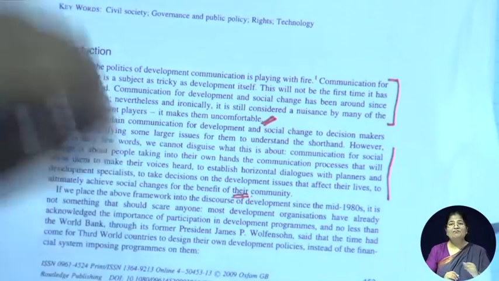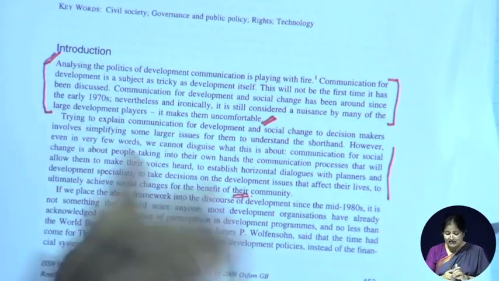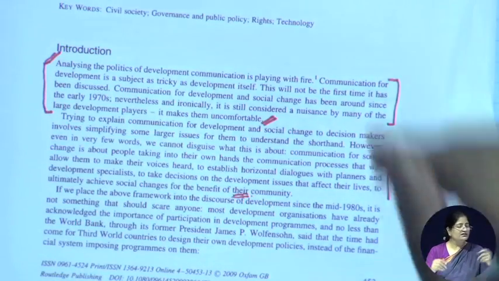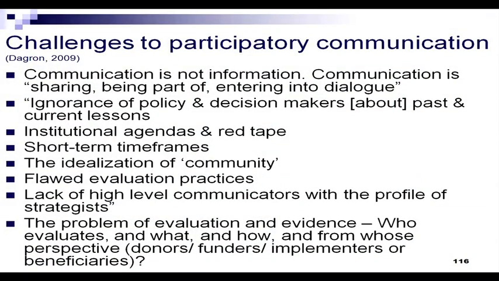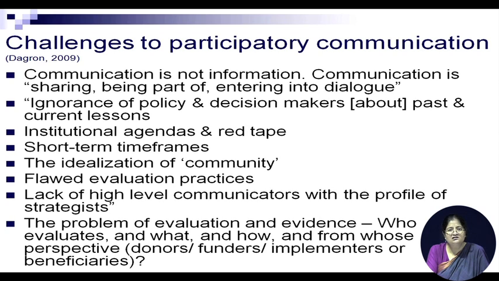So this is what participatory communication is all about. Participatory communication is not about experts going and telling the community what to do. Participatory communication is about the community understanding what it needs to do and doing it on its own. And most people don't understand it.